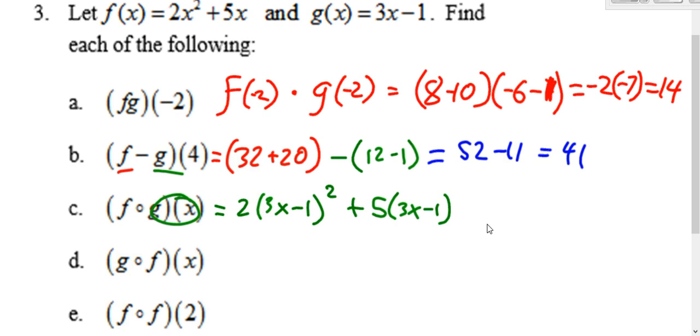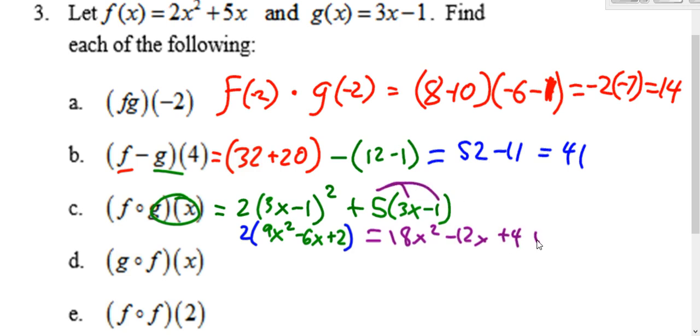Multiply and distribute, combine like terms, all that stuff. 3x minus 1 squared first. Minus 6x plus 2 times the 2 that's out front. That'd be 18x squared minus 12x plus 4.